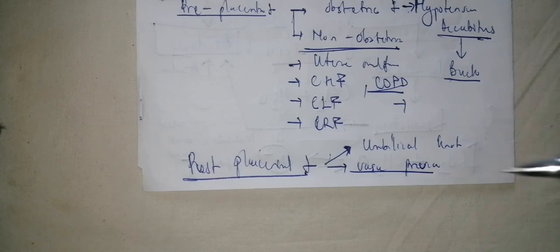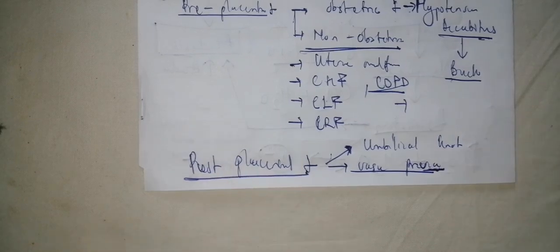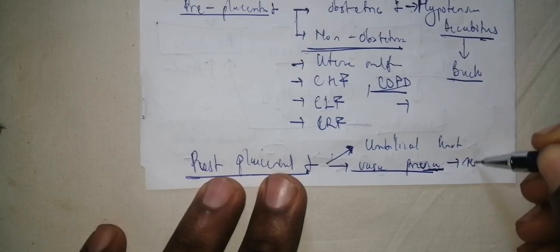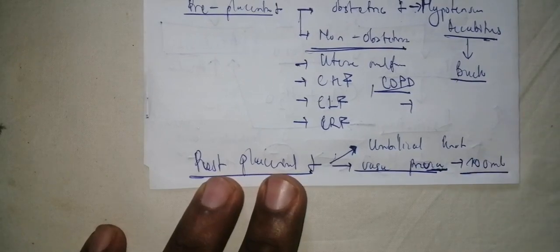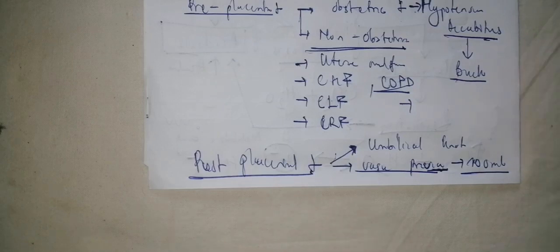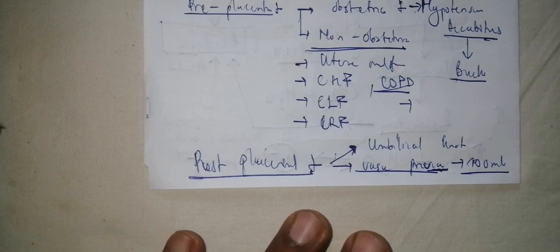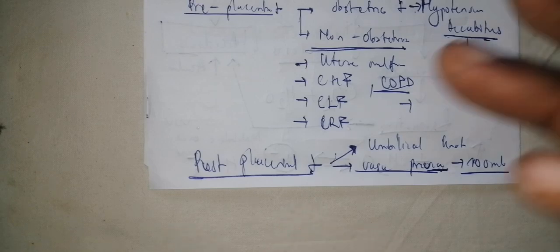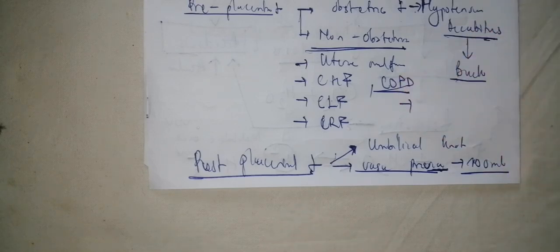And when it is bleeding like that, you are going to have loss of the fetal blood. Only about 100 mils. If you just have a 100 mils loss of the fetal blood, generally it's going to be fatal. It's just a small loss, but that blood loss may result to a fetal distress and a fetal death.